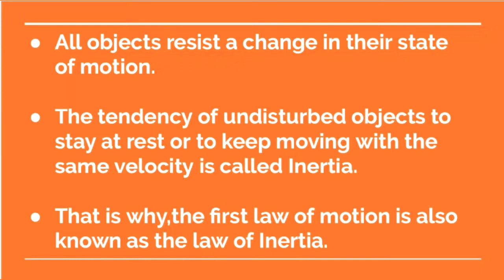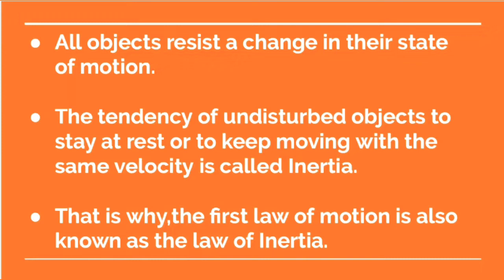Yes, this is because the sudden start of the bus makes the bus move as well as our feet, which is in contact with the floor of the bus, will also move. But the rest of our body opposes this motion because of the tendency to resist this force. And this tendency is what we call inertia.